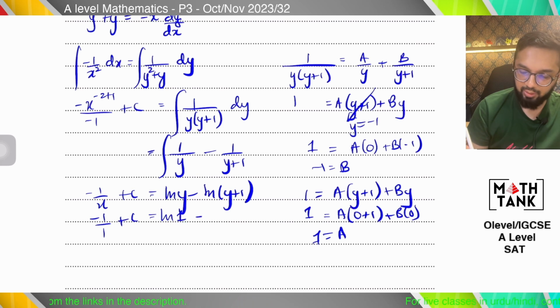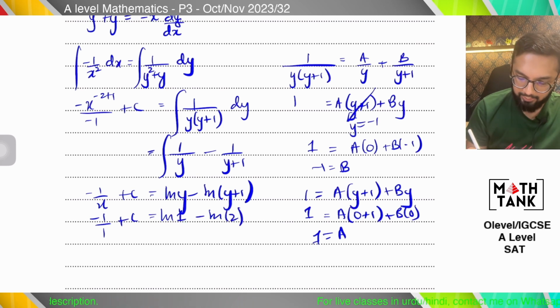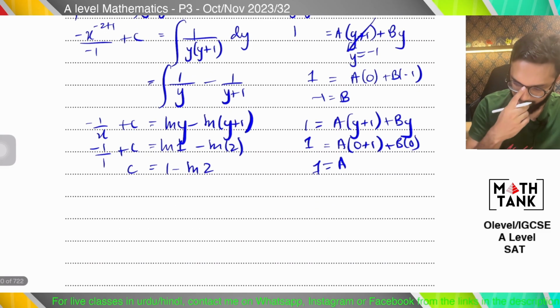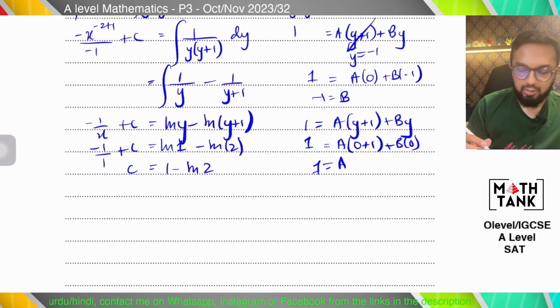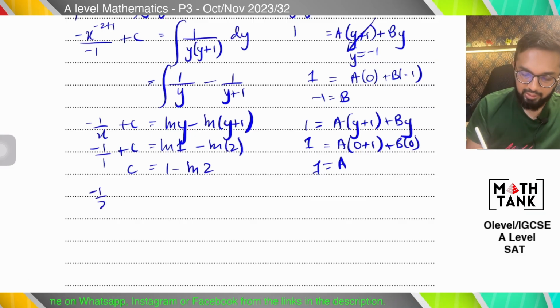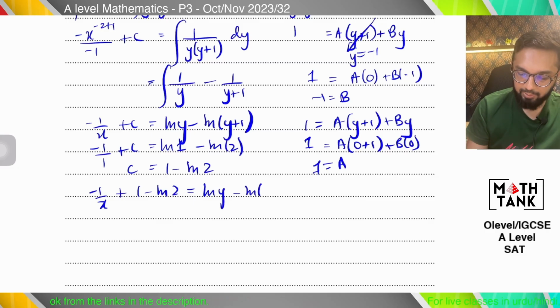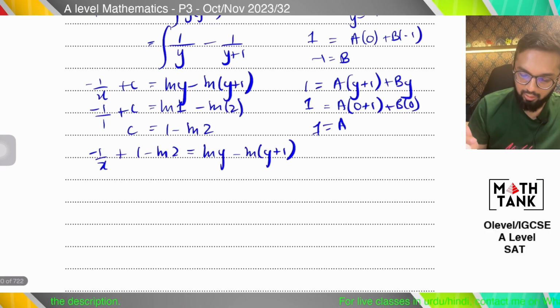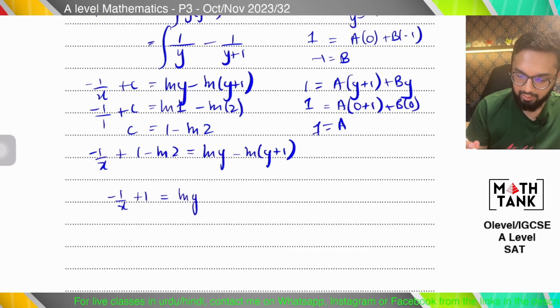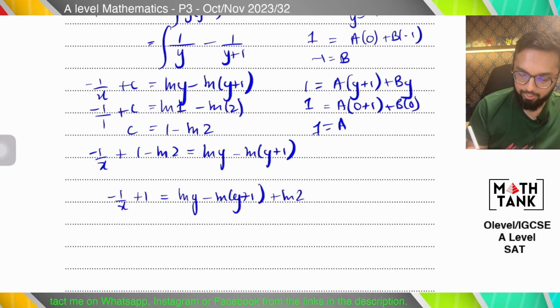I have x equals 1 and y equals 1. So I get c as 1 minus ln 2. Okay, I think that should be the correct c. Minus 1 over x plus 1 minus ln 2 equals ln y minus ln y plus 1. Gathering all the ln's on one side, I get minus 1 over x plus 1 as ln y minus ln y plus 1 plus ln 2.